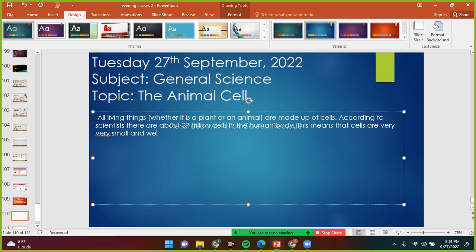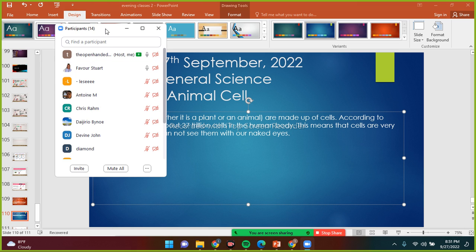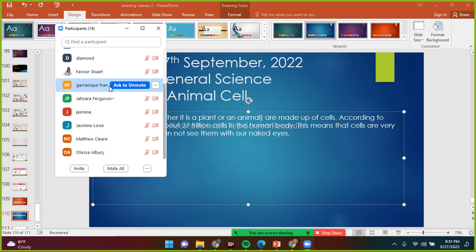And we cannot see them with what? With our naked eyes. Okay, so we can't see them with our naked eyes. So what must we use to see a cell? How can we see them? If we can't see them with our naked eyes, what must we use to see them?